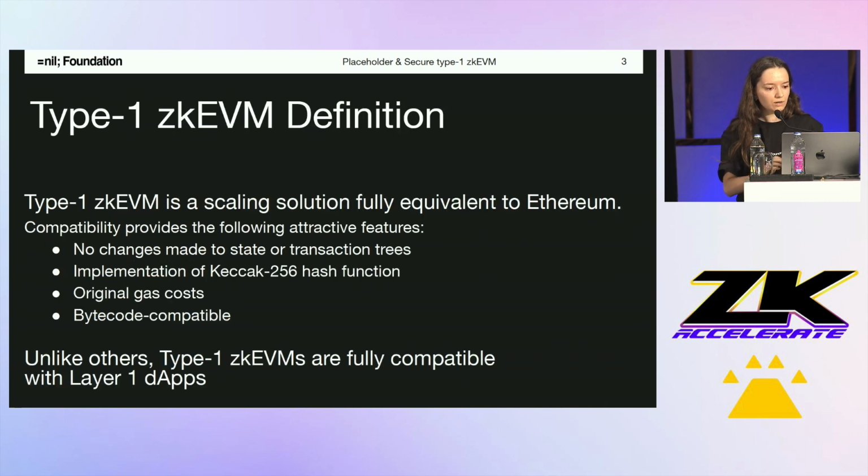Okay, first of all, I want to remind you what exactly type-1 means. It means full compatibility with Ethereum: the same structure, the same hash function, the same state, all of these things. Also, we keep the original gas cost and have full bytecode compatibility.